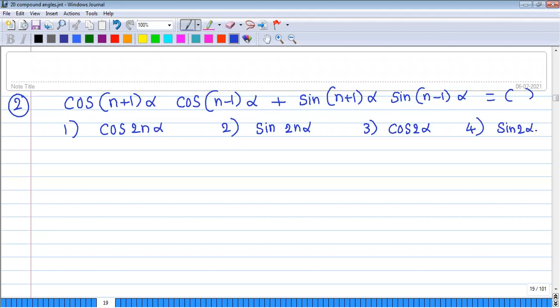So what will you say about this problem? Which formula do you apply?